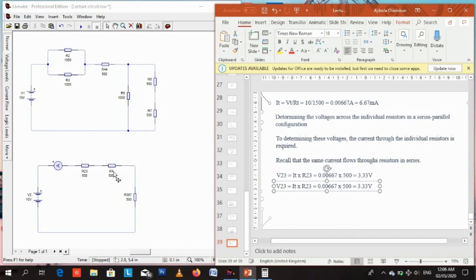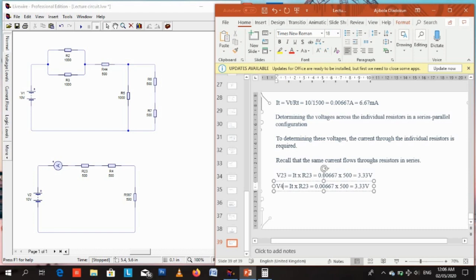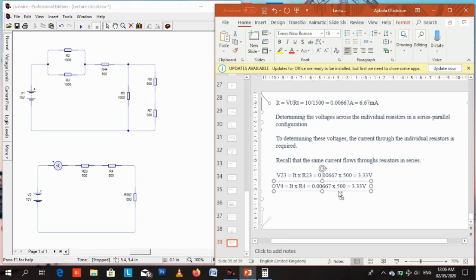So now let's go for the next one. We've determined the voltage across R23. Let's go for the voltage across R4. The voltage across R4 will be IT times R4. Remember that IT is the total current, the same current flowing through all three resistors. R4 is also 500 ohms, so we get the same value.